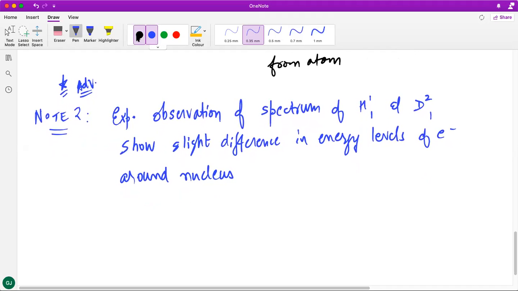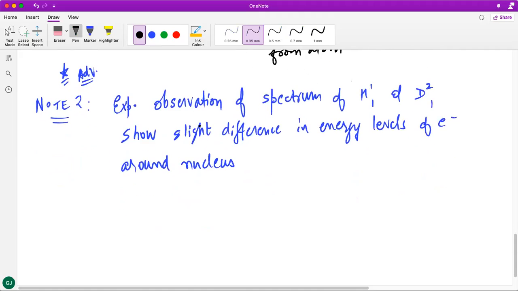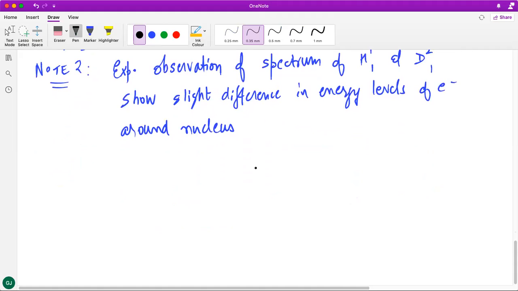Okay, so this is something which is explained by modifying the Bohr's model.